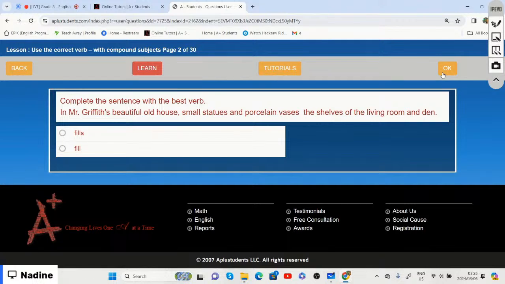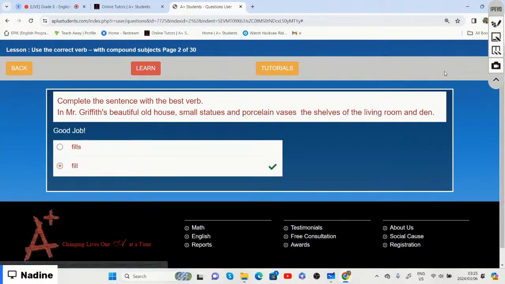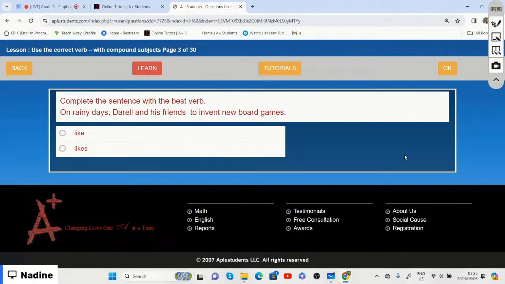Do we say fill or fills the shelves? So we can say it's fill the shelves of the living room and den.